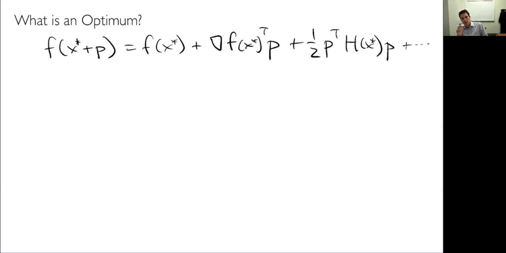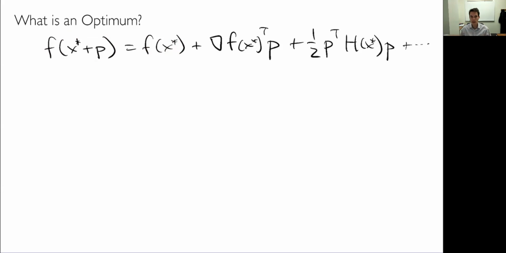Now, what would it mean if this was truly a minimum? So x star is a minimum. So we could ask the question, how then would this function value compare to this function value? So this is at the minimum, and these are at points that are near the minimum, where we've taken steps in any arbitrary direction p.